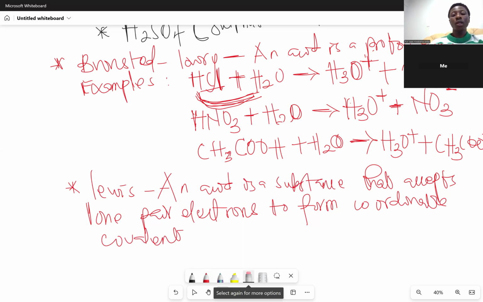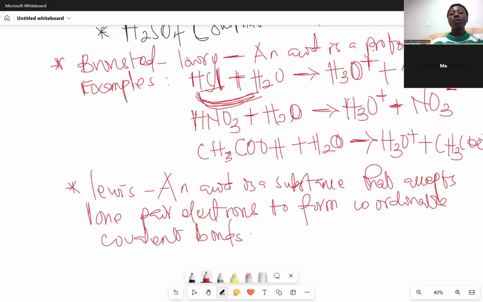Yeah, to form coordinate covalent bonds. So according to Lewis, an acid is a substance that accepts lone pair electrons to form coordinate covalent bonds.